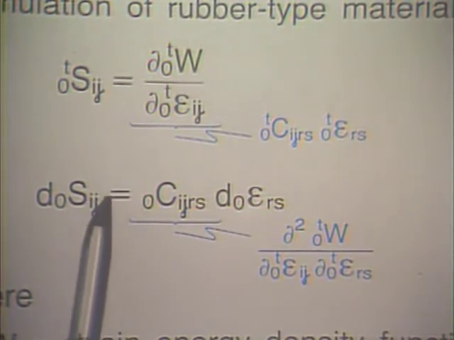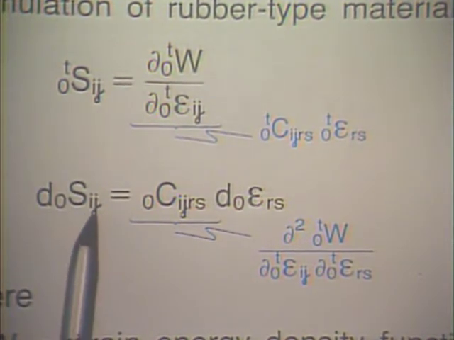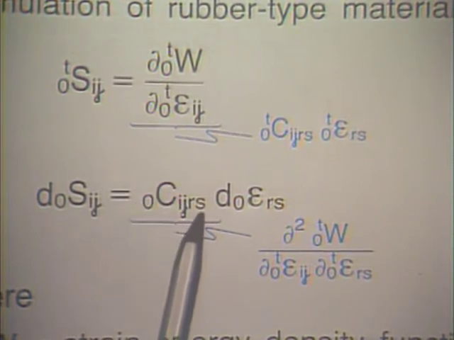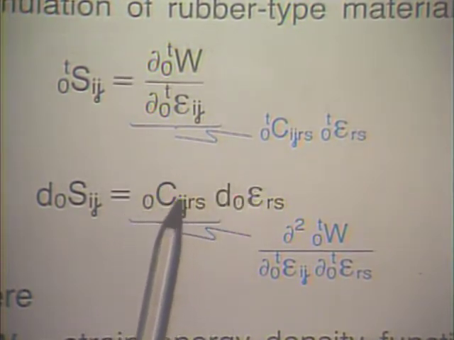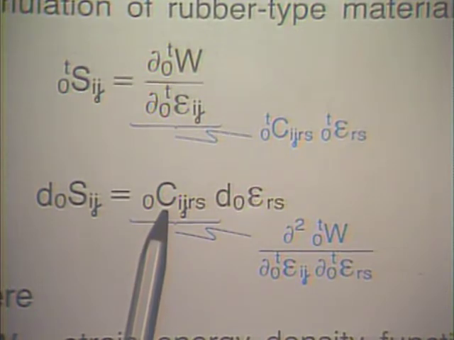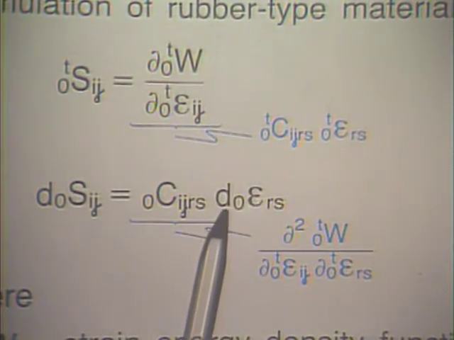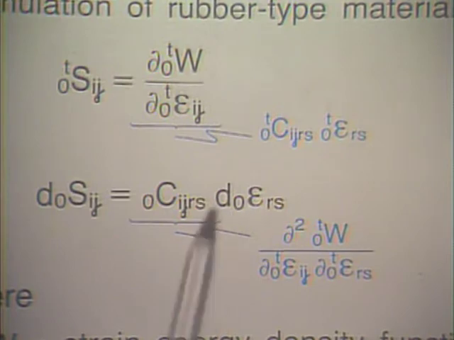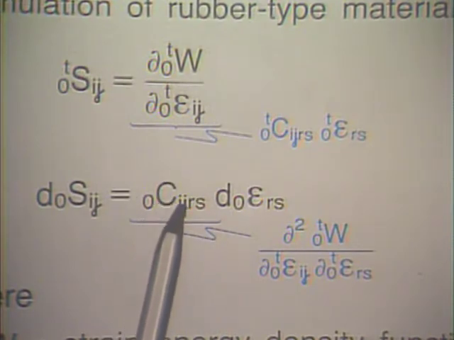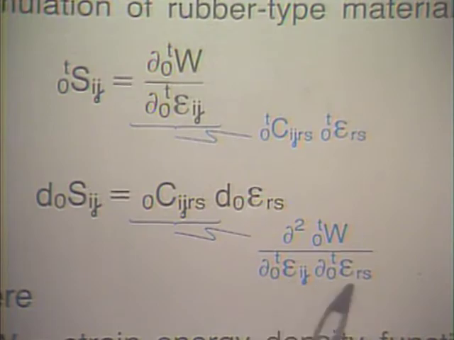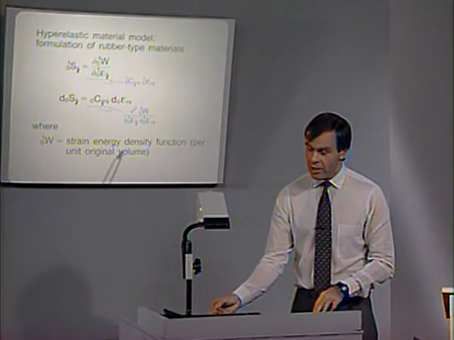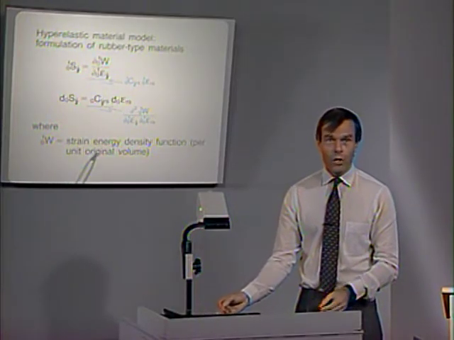Incrementally then, an increment in the second Piola-Kirchhoff stress is given via this stress-strain law here involving a tangent material description and a differential increment in the Green-Lagrange strain. This 0C_ijrs is nothing else but the second partial derivative of W with respect to these Green-Lagrange strain components. W is a strain energy density function per unit original volume.